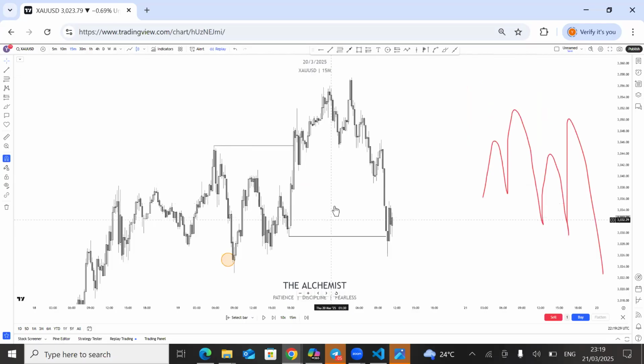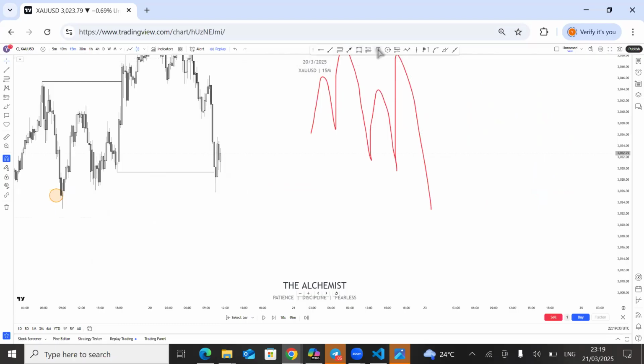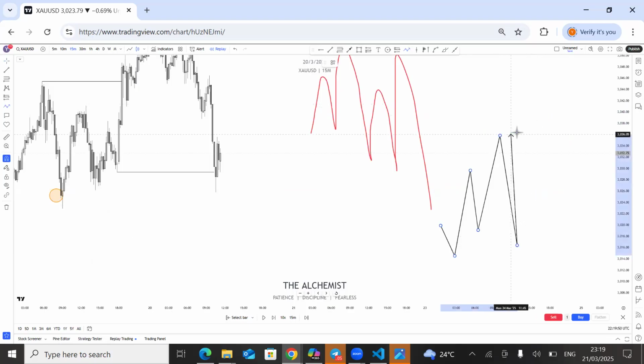You should know the market moves from one level of liquidity to another. It moves from internal range liquidity to external range liquidity. If the market is moving in a bullish trend like this, it sweeps this internal range liquidity, then goes up to sweep this external range liquidity.